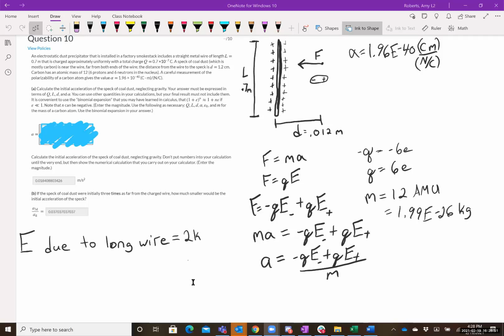These are vectors, and to be fully accurate, it would be good to use vector notation here. The point of this problem is less the vectors and more thinking about the polarization of the atom and the effect that a non-uniform electric field has on that polarization. That's the main thing they're driving at here. So that's the only reason.